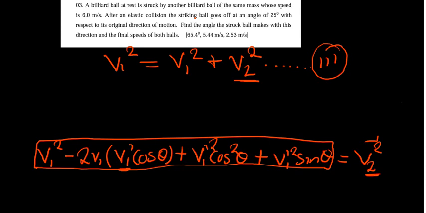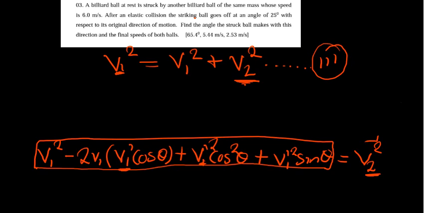We know our v1 squared, we have this value. Therefore, we'll only be solving for v1 final. So let's get this value and put it in for v2 squared and find one of the velocities.